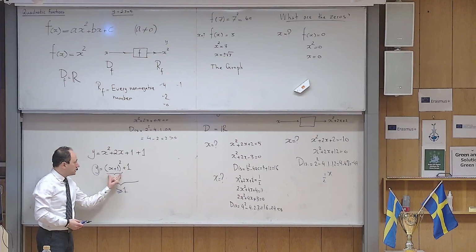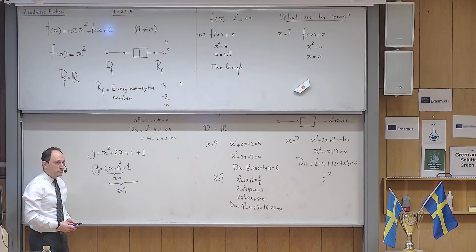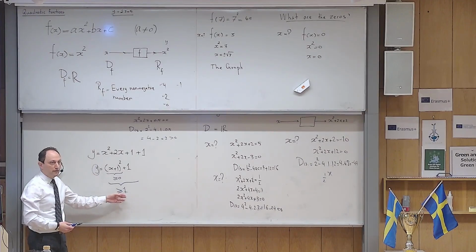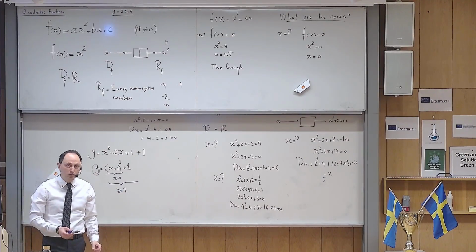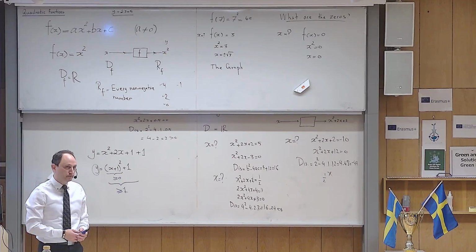If this number is minimally 0, the whole combination will be minimally 1. Is that understandable or not? Yes or no? Okay. So what is the range? The range is greater than or equal to 1. Every number greater than or equal to 1 is in the range. Is that right or not?